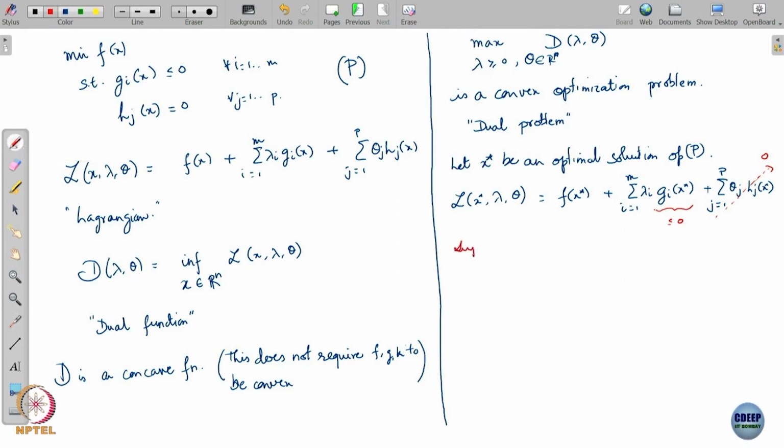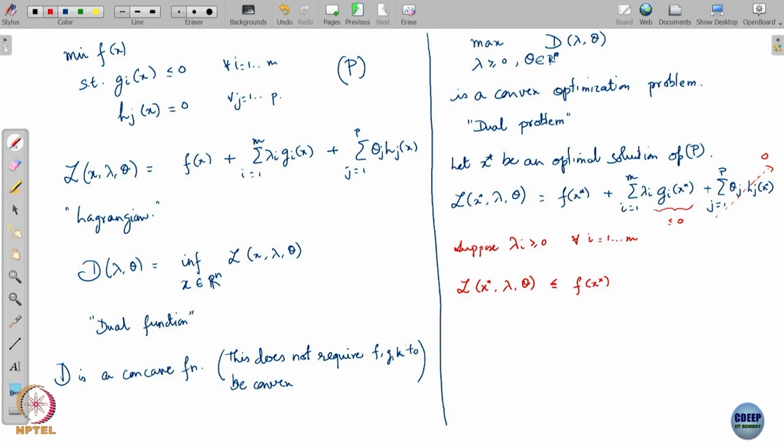So suppose we restrict lambda i to be greater than or equal to 0 for all i equal to 1 to m. Then in that case, what would we get? Then we would get that this quantity here is less than or equal to f of x star.